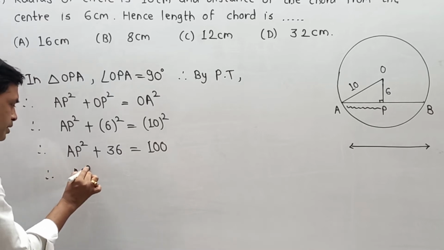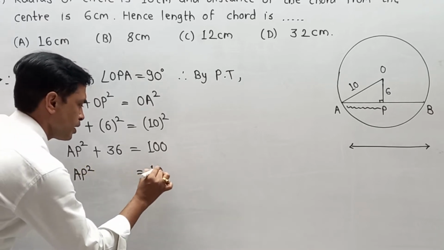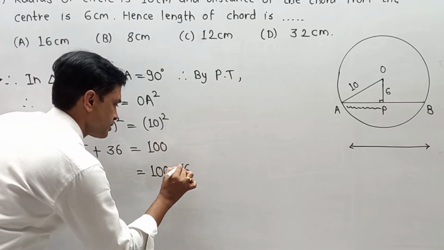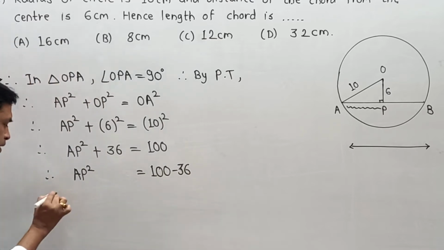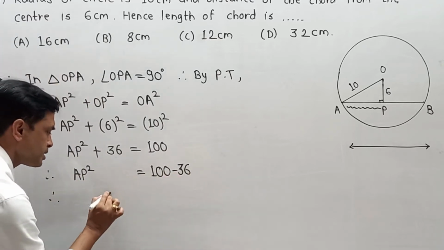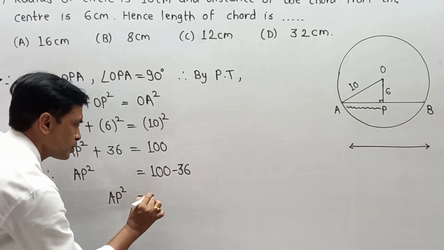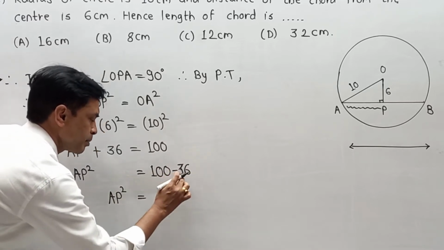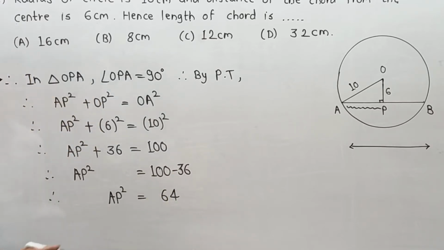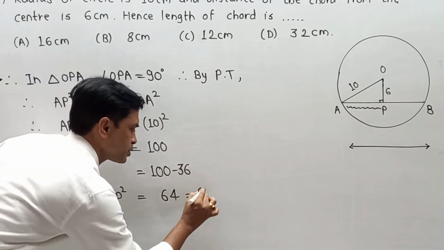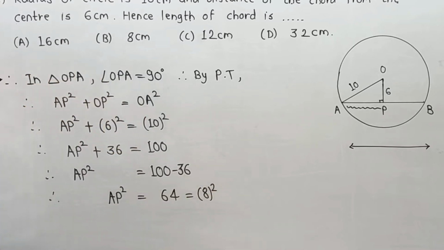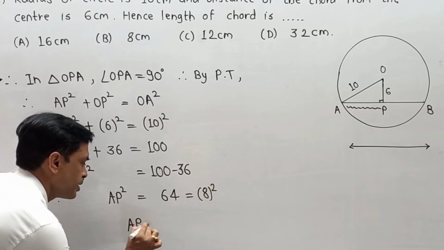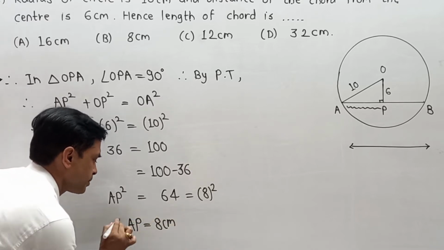Naturally, AP square is equal to 100 minus 36, which is 64. We know that 64 is 8 square, so AP is equal to 8 centimeter.